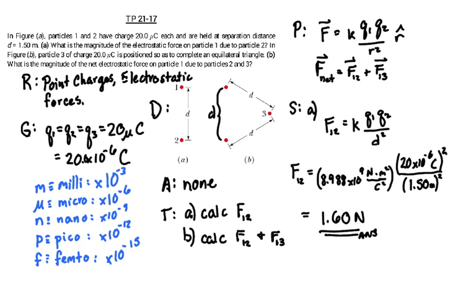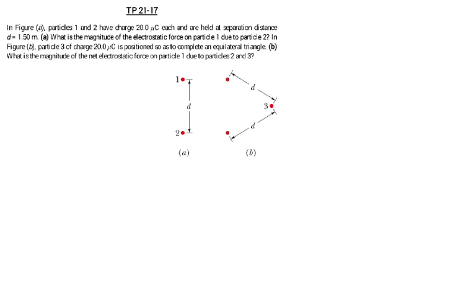Alright, so I'm going to go to the next slide and discuss the nature of charge, because it can be a positive charge or a negative charge, and how that affects the electrostatic force. So in part A, we have a positive charge as particle 1 and a positive charge as particle 2.